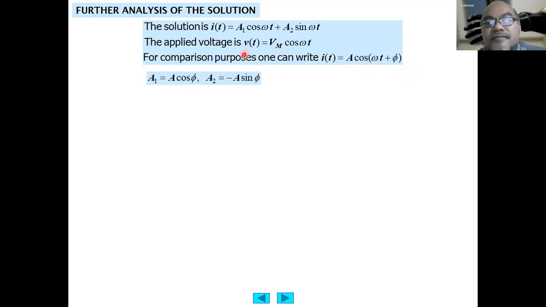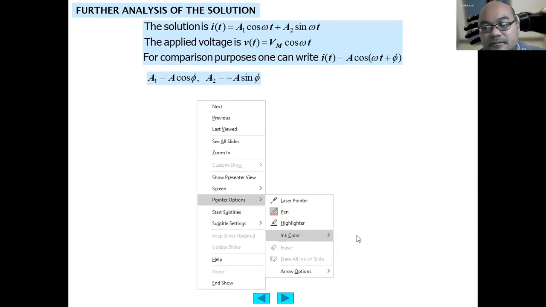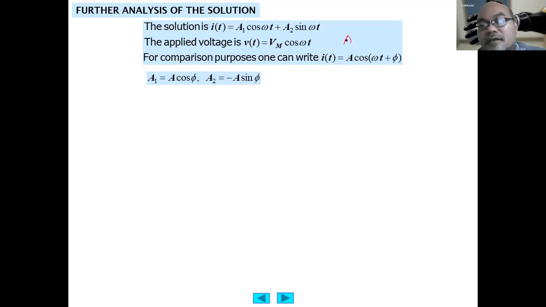So in this case, A1 equals to A cos phi, A2 equals minus A sine phi. So remember that this equals A cosine omega t cosine phi, then minus, by the cosine identity, sine omega t sine phi.